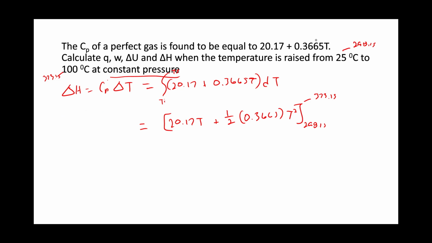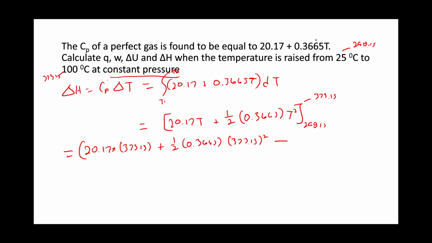All right, now if we do this, what would this be? This would be, okay, let's do 20.17 times upper limit 373.15 plus 1/2 times 0.3665 times 373.15 squared, right?